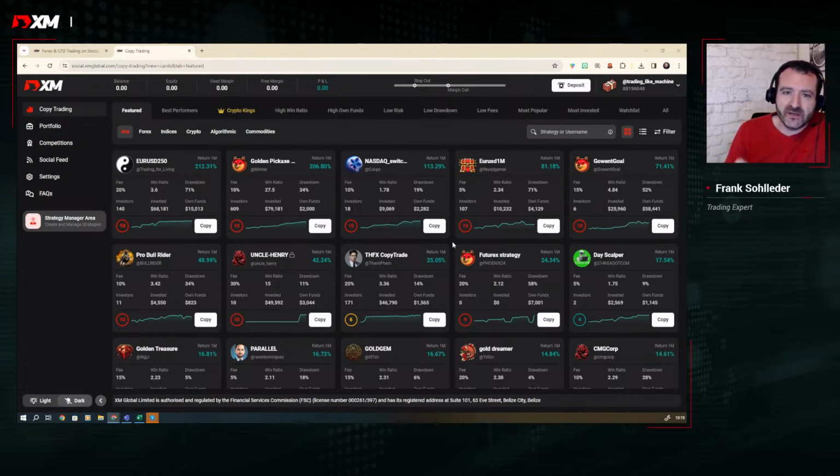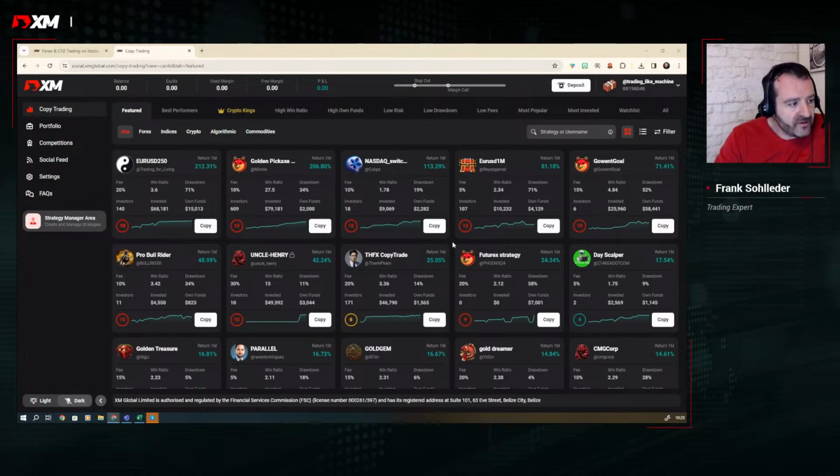And a risk measure in a trading strategy is very often the drawdown. So if I see in the copy trading strategy a relatively high performance, but also a relatively high drawdown, as a trader I have to think about whether I'm able to withstand this drawdown.